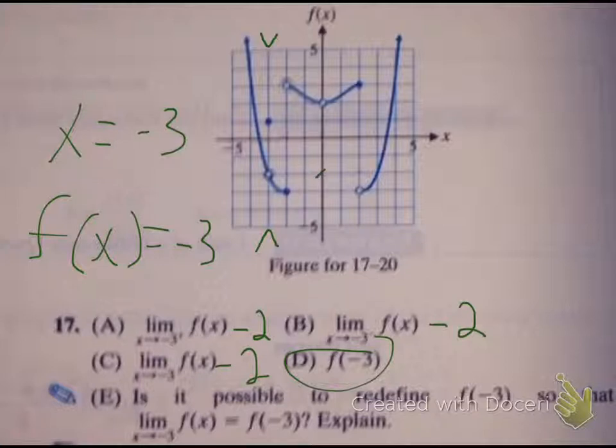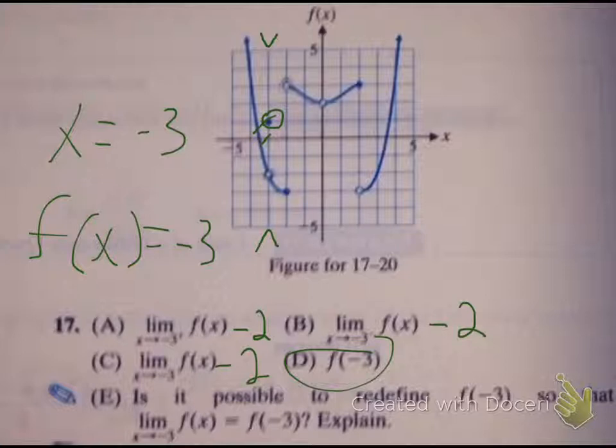Well, if we go over 1, 2, 3 spaces, we see that there's this circle here, right? That circle means it's not technically defined at that point. So even though we're saying that it's defined and it's -2, in reality we'd redefine it as y equals 1 because we hit that point.